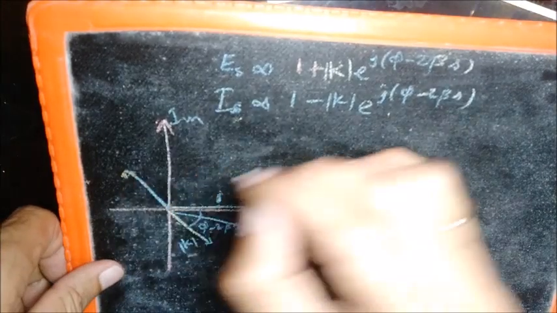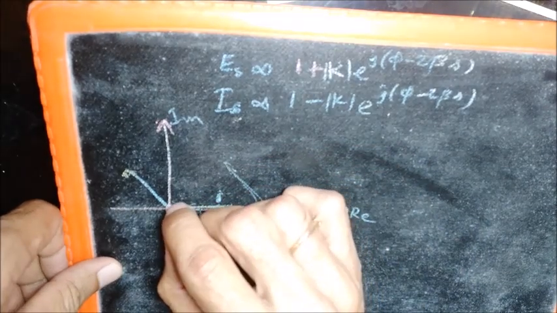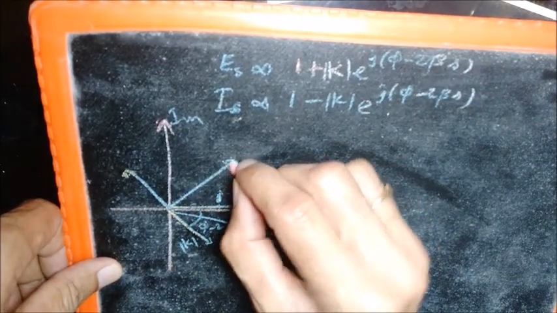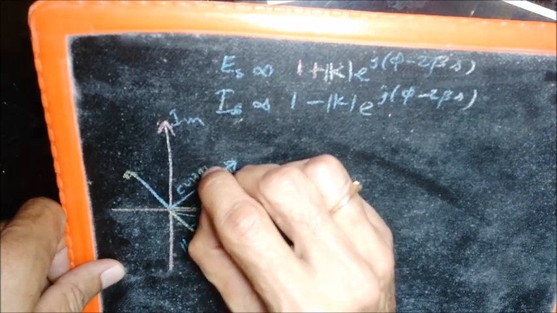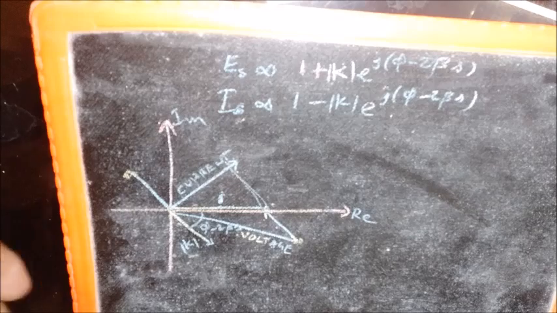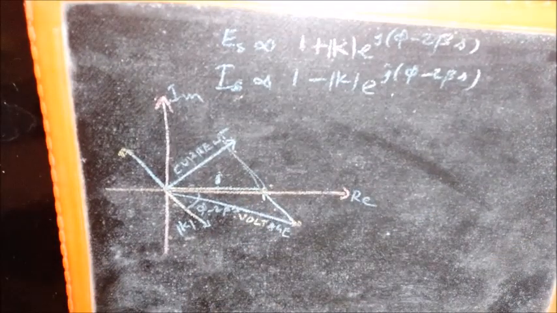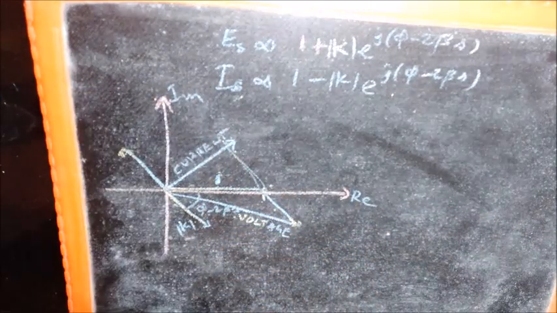So this is that, and consequently this will be 1 minus k. So this becomes a phasor representation of current. Now you can see that if at all we had included the phase due to ZR and the e raised to j beta s, the entire picture would have rotated.